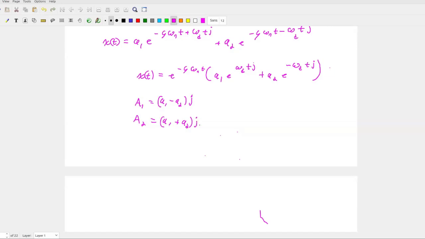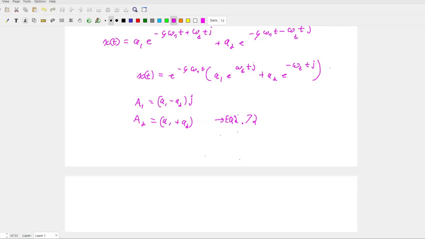Oh, sorry, there's no j on that second one. That's just A2. The j is just on the first one. So we can look back at those. Those were defined, if you're interested, in equation 2.72.